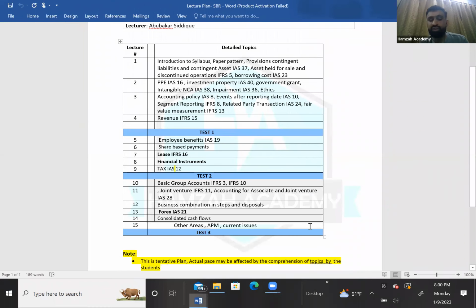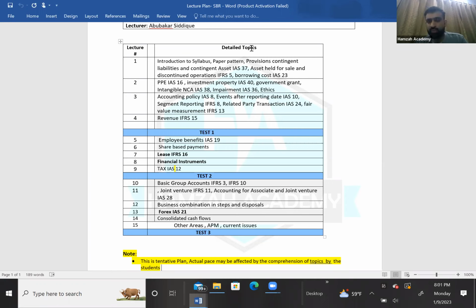Then after that, we will be revising basic groups, IFRS 3, IFRS 10, joint venture, IFRS 11, IAS 28, business combination in step acquisition and disposals, Forex, IAS 21, consolidated cash flow, and then in lecture number 15, we will be having other areas, alternative performance measurement, and if there is any current issue, we will be covering that issue, and the other areas of SBR we will be covering in the last lectures.